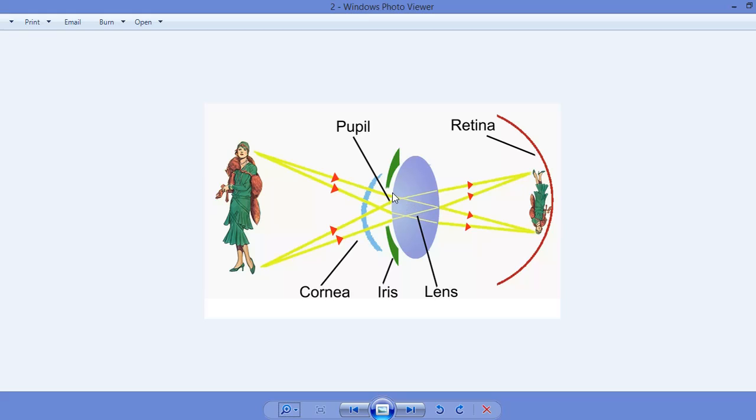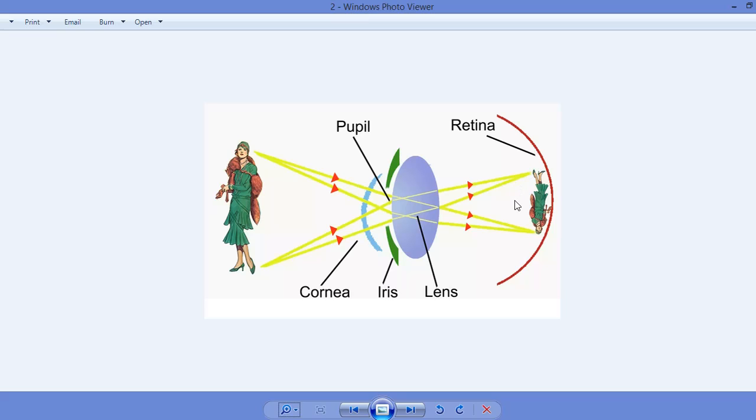From the aqueous humor it travels through the pupil into the lens, and from the lens it travels to the vitreous humor, and the upper side of the object will fall on the lower side of the retina, and the lower side of the object will fall on the upper side of the retina.